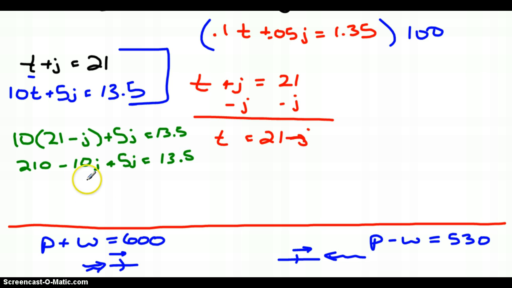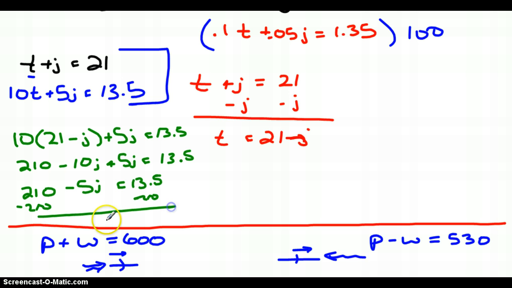Alright, let's see how this turns out. Negative 10j and 5j gives me negative 5j. My 210 equals my 13.5. Subtract my 210 from both sides.